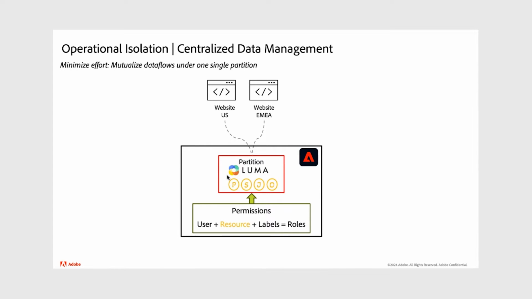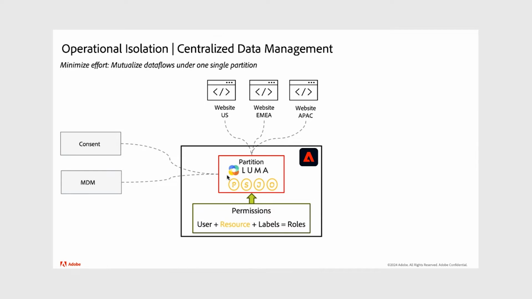So with that approach, you will have, for example, the 3 different websites that will be used to collect the data, and everything will land into that global partition. Same applies for the enterprise sources. So let's say you have a content management platform or different enterprise sources that are used to collect your customer data.